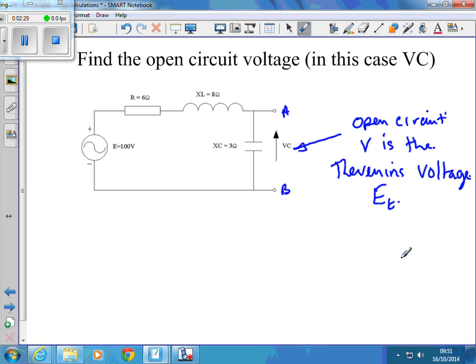Everything we do now is tailored towards finding the voltage across the capacitor, because that's all we need from it. So where do we start with that? Most of you have done this, so what did you do?